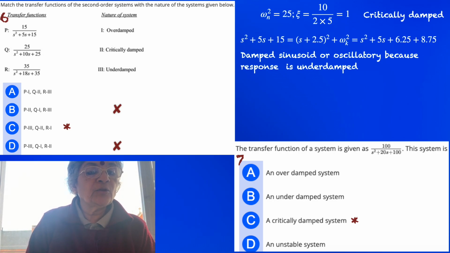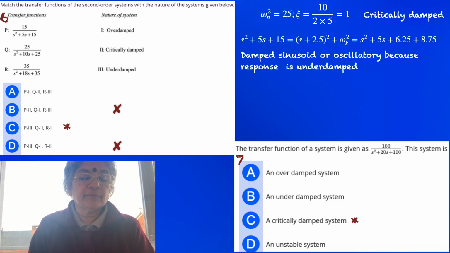So we see that Q has 25 on both the numerator and the denominator, that is, we have omega n square divided by s square plus 2 eta omega n s. In that case, eta is given by 10 divided by 2 into 5, which is equal to 1. So it's a clear case of critically damped. So 25 by s square plus 10s plus 25, that is Q, refers to a critically damped case. Why? Because eta is equal to 1.